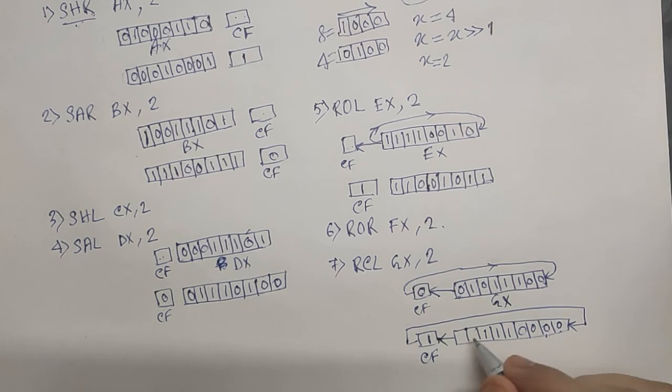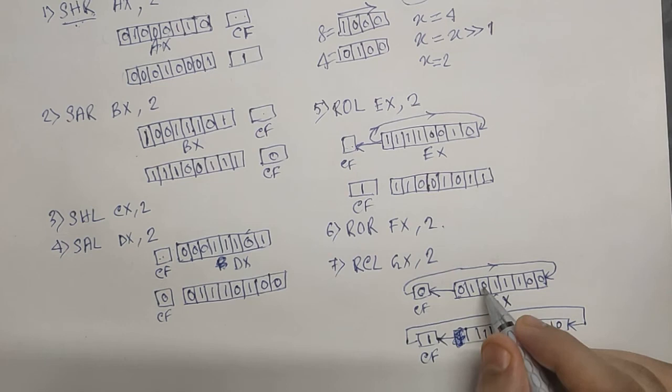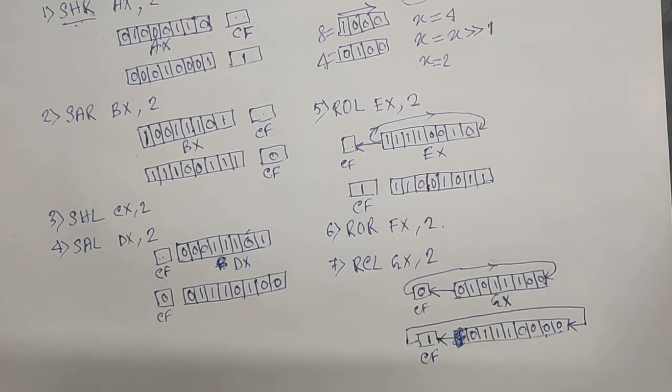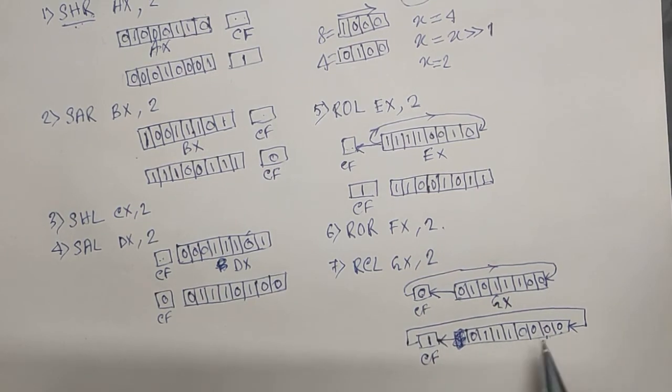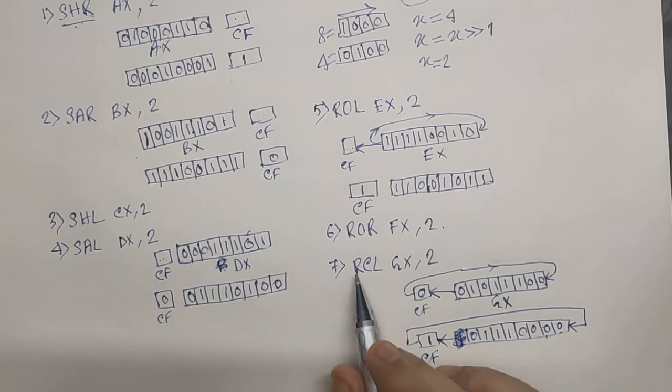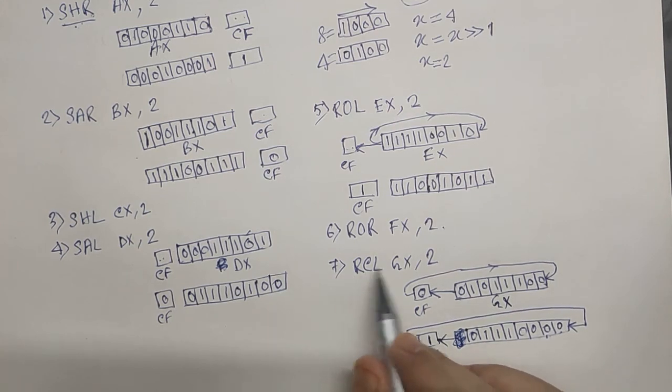Okay, I have taken more bits here. 1 2 3 4 5 6 7 8. Okay, 0 0 1 1 1 and 0. So 0 1 1 1 0 0 0 0. In this way you need to rotate with carry, so it is rotate carry left.